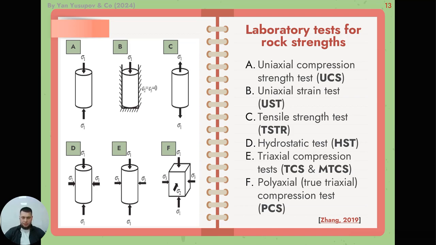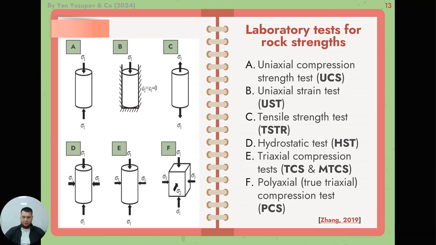The axial stress, also called sigma 1, is greater than the lateral stress, sigma 3, that equals sigma 2. This is confining stress.